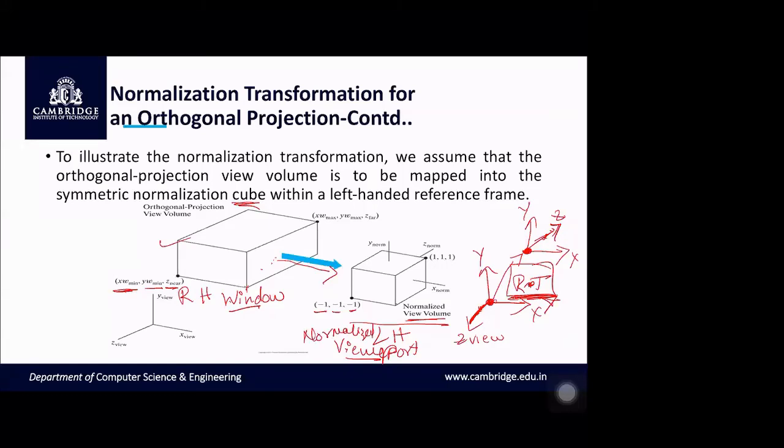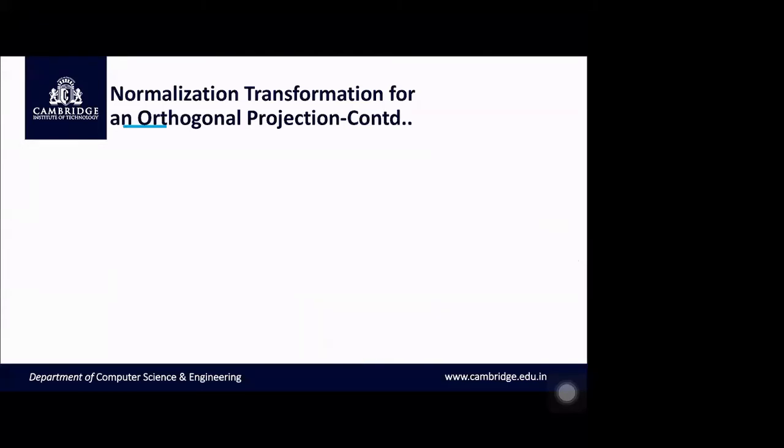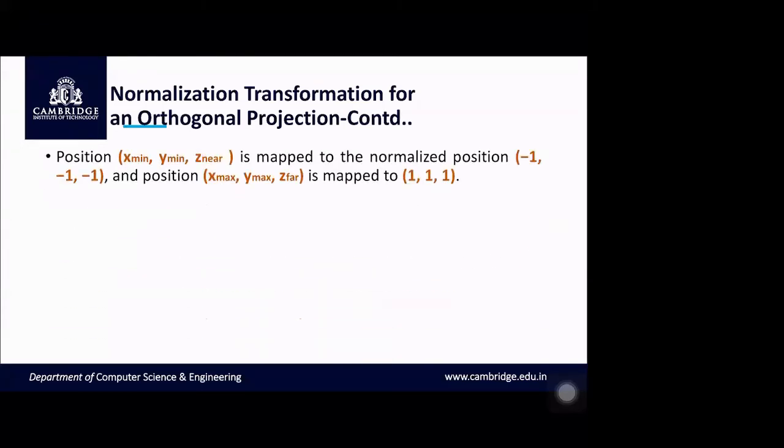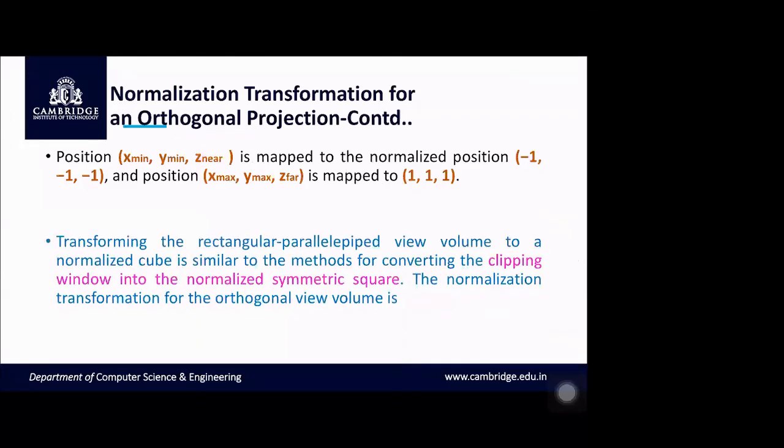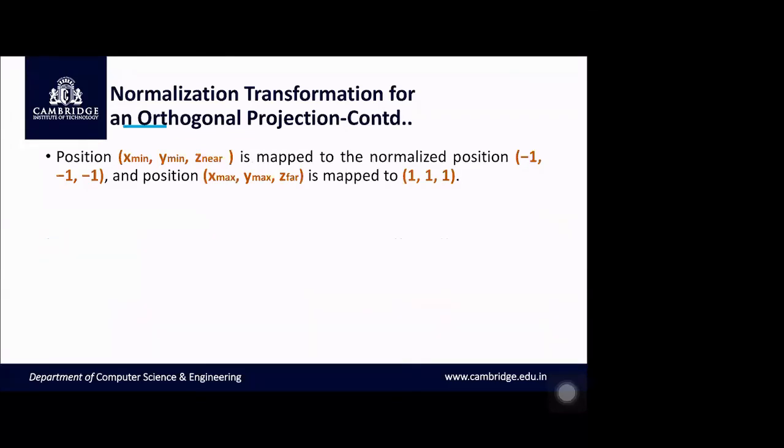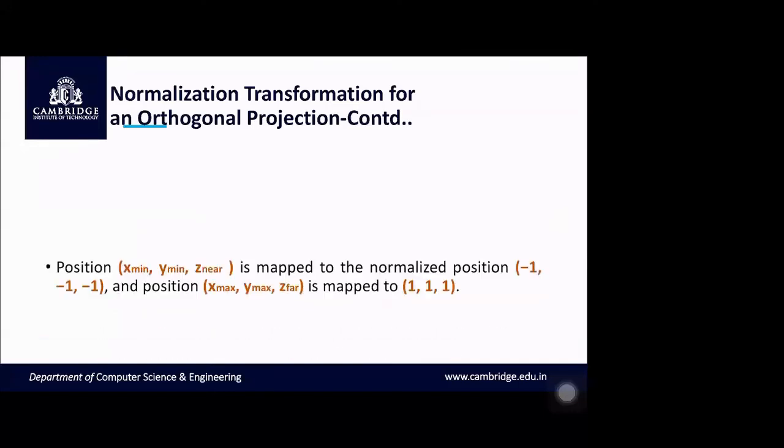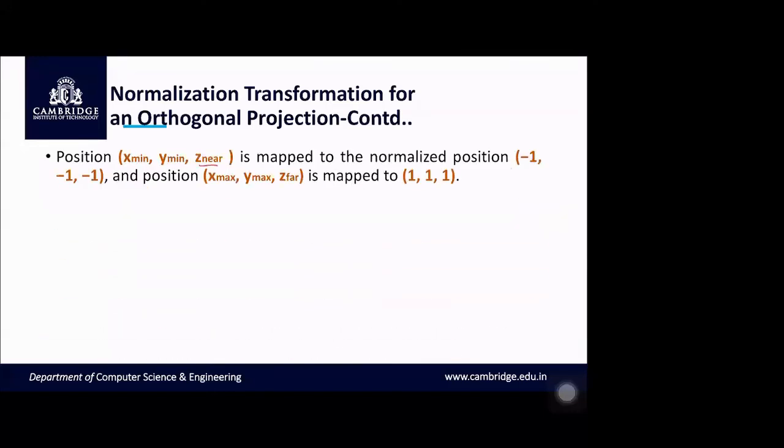So what was the definition of that? Please open that matrix. So now my positions will be X min, Y min, Z near, which will be equal to -1, -1, -1.